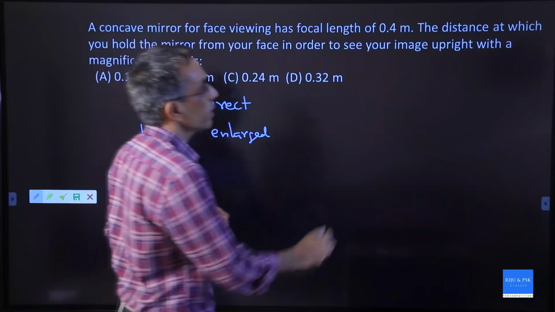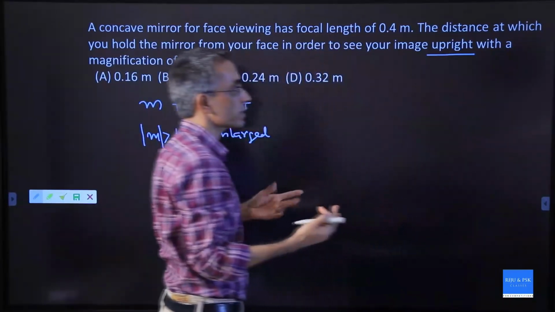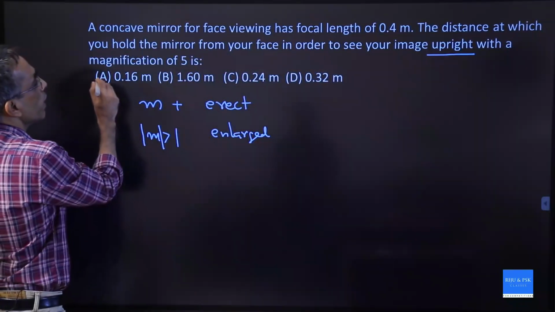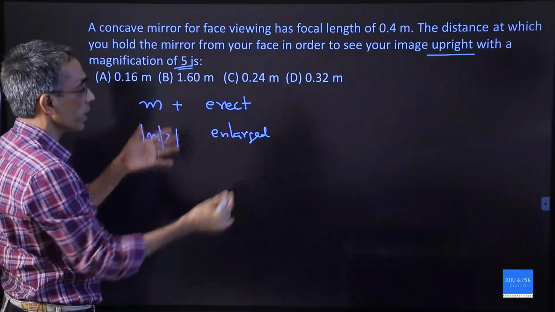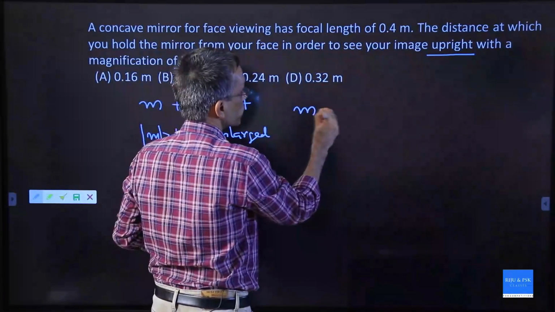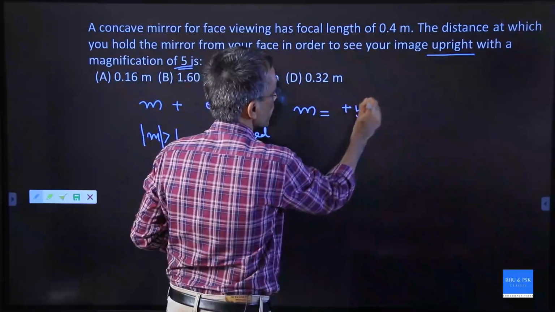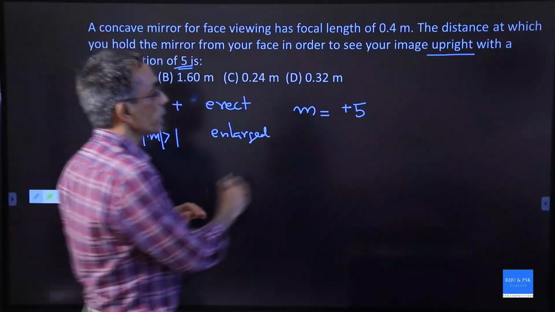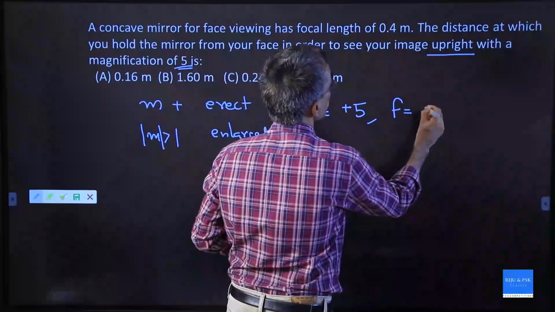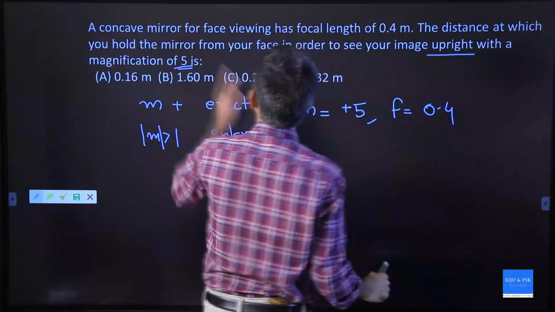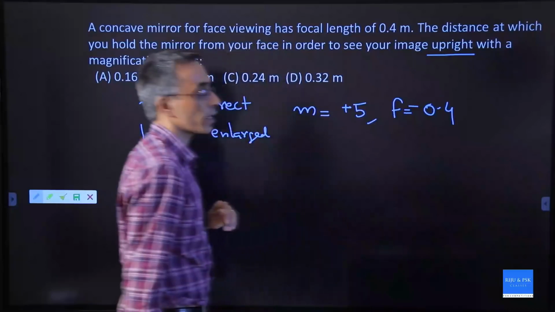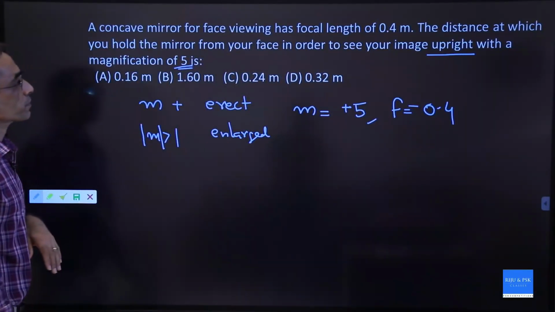So here upright, erect means positive magnification, and of magnitude 5, it should be enlarged. So here what should I take? I should take m as plus 5. Magnification is plus 5 and the focal length of the concave mirror is given as 0.4, and we know for a concave mirror focal length is taken negative in the sign convention.